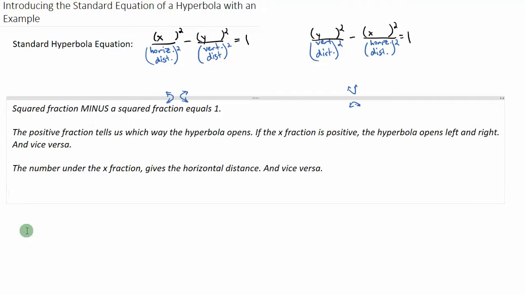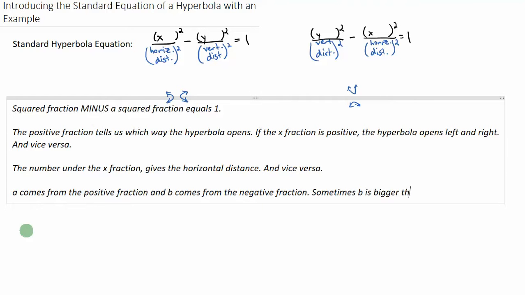Now, about a and b. In an ellipse, a is the bigger number, b is the smaller number. That's not true in a hyperbola. A comes from the positive fraction, and b comes from the negative fraction. Sometimes b is bigger than a.